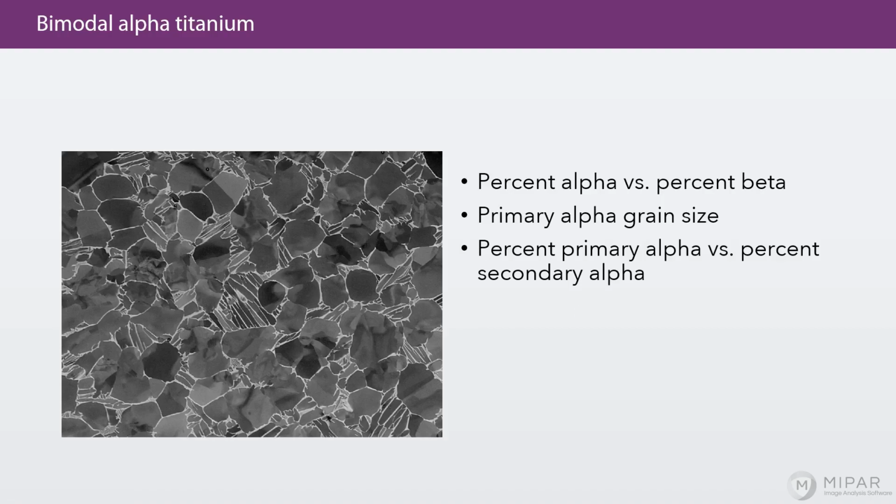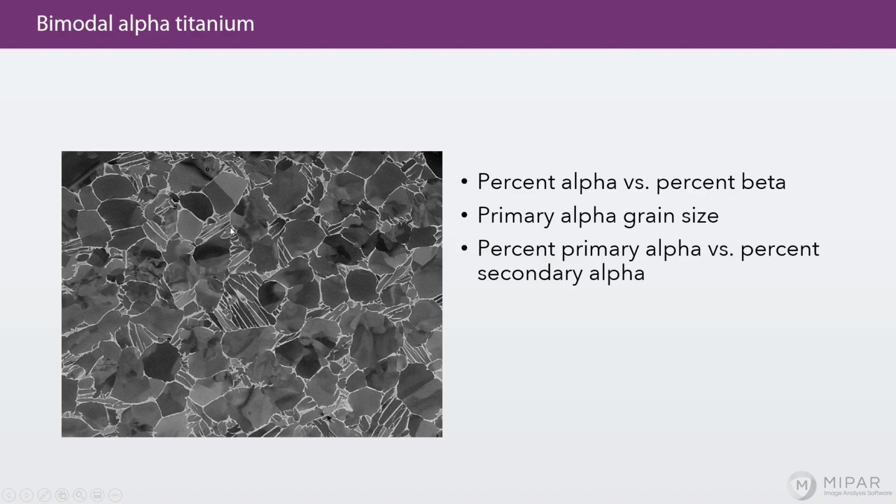And next we have some more titanium. This is bimodal alpha titanium. We have these equiaxed alpha, these large dark alpha grains, and that's one phase. And then we have the secondary alpha, which are these small, thin alpha laths.